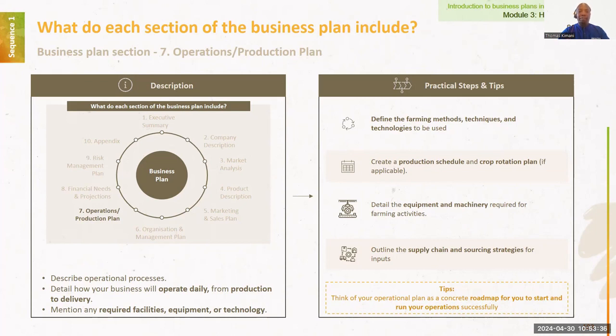You have to define your farming methods, your production methods, the techniques, the technologies, right? The equipment you have, the resources you have, the land that is available either directly for you or in the future, right? In horticulture, again, very importantly, you need a production schedule.